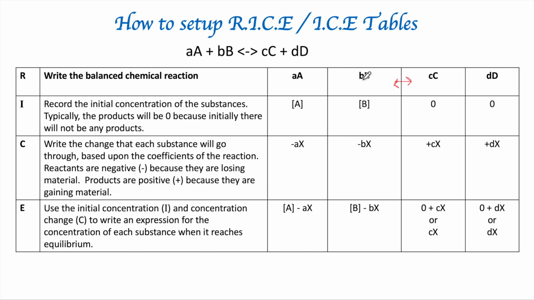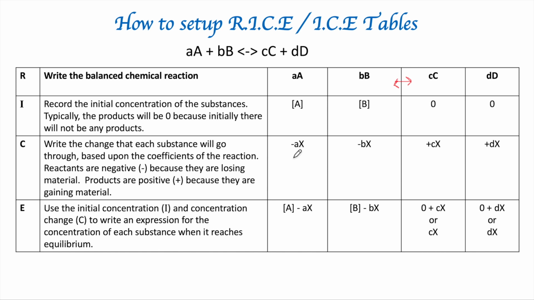If B was a 2, this would be a minus 2x. The same thing over here: because your products are gaining material, both of these are going to be positive. If this was a 1, it would be a positive 1x. If this was a 3, it would be a positive 3x.